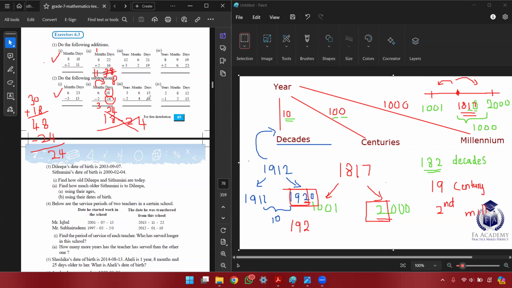So when you're doing borrowing, make sure to think about the number of days that you have in a month or number of months that you have in a year and borrow it. It's not like the normal numbers where we just borrow 10 always, right?